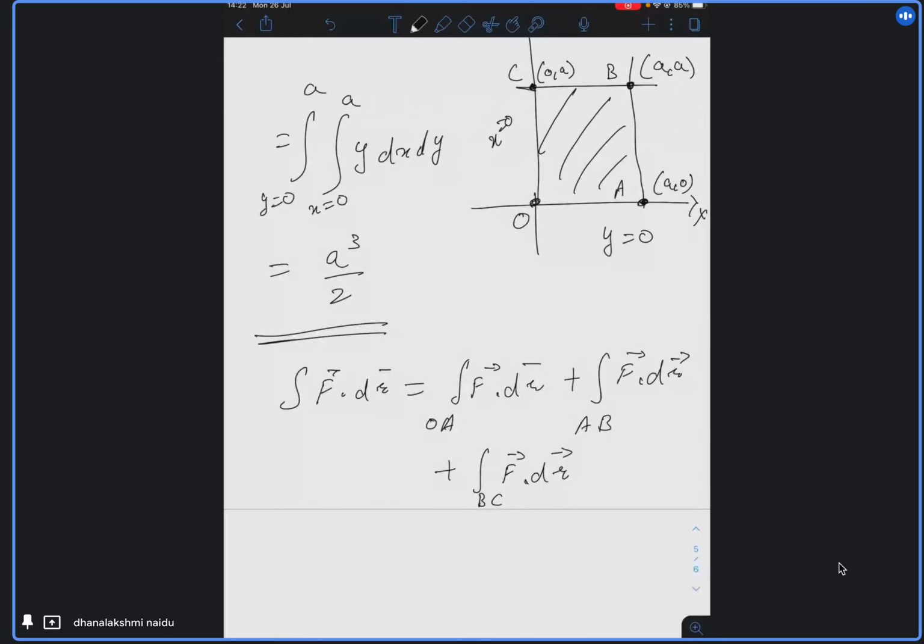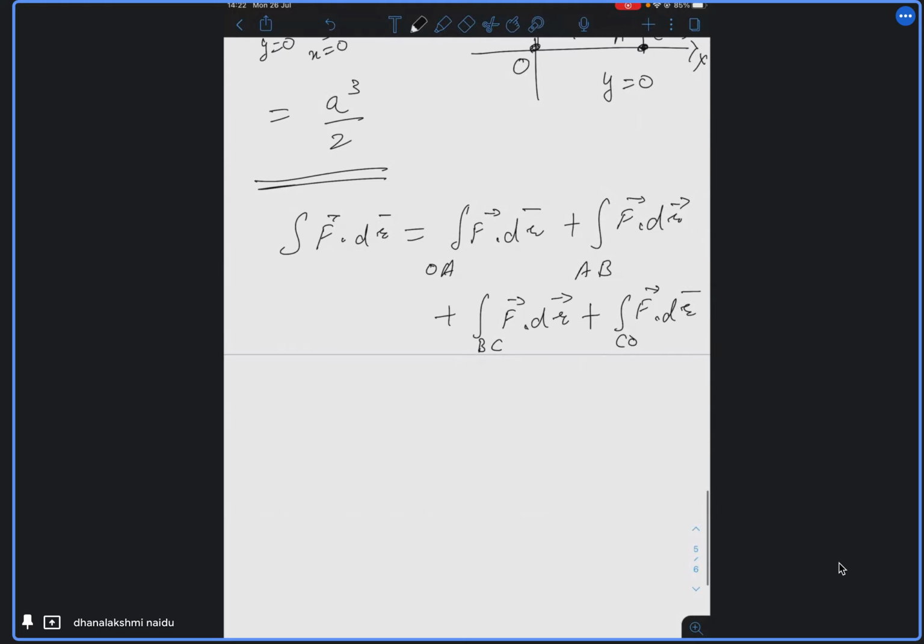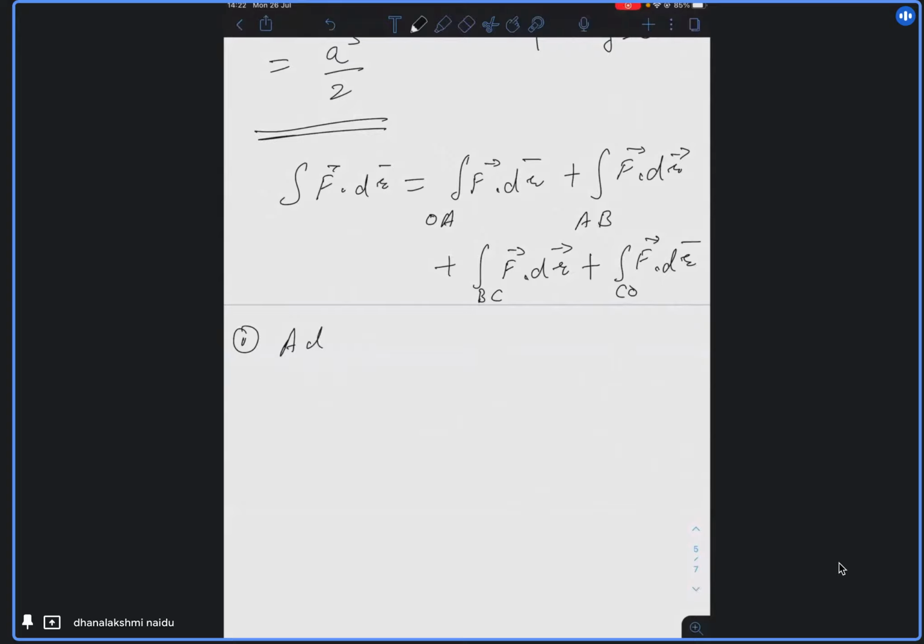Line integral problems you have already done. Now again CO, f bar dot dr bar. So all this we have to calculate, one by one first, then we will add all.